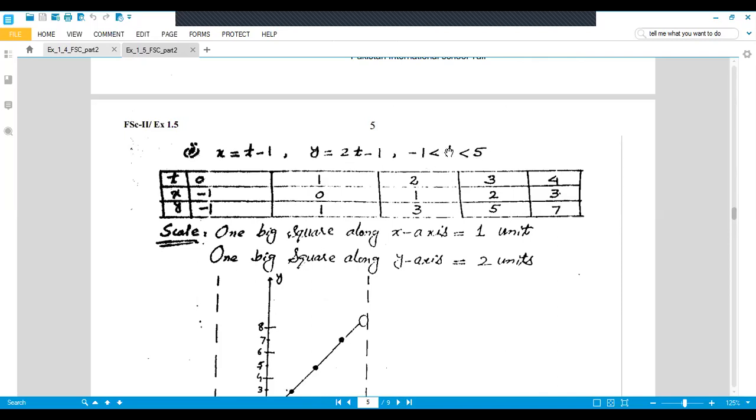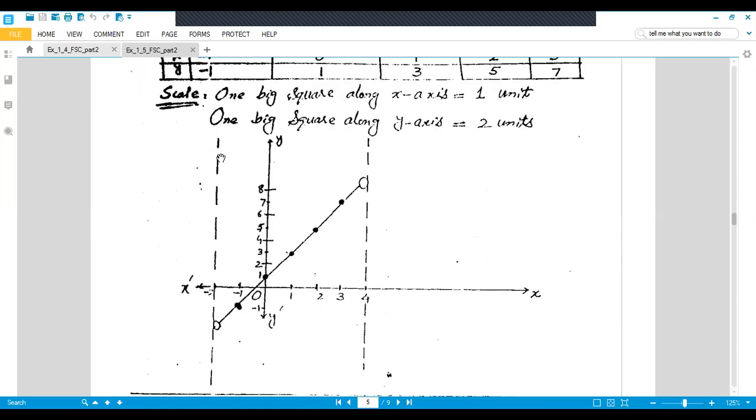The upper and lower limit is greater than minus 1 and less than 5. If you put t as minus 1, x will be minus 2. So here it will come, and the circle shows that this point is not included.